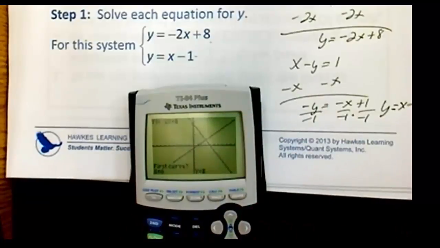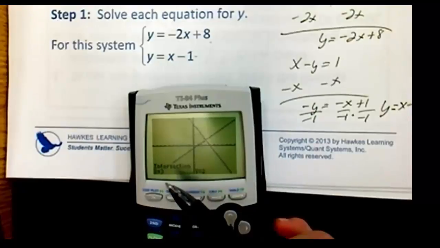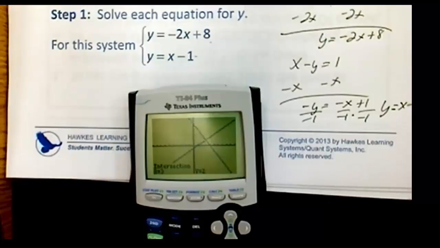Then if I hit enter again, it's going to give me the second curve. Hit it a 3rd time, it gives me a guess. Hit it a 4th time, and it will give me my intersection. And so at the very bottom here, x was equal to 3 and y was equal to 2. So that shows me where it intersects.